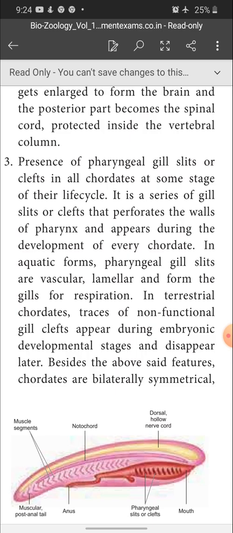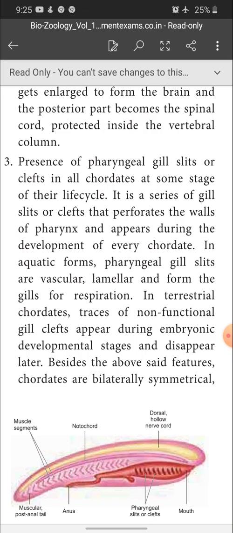They persist throughout life, supplied with blood capillaries. In terrestrial chordates, traces of non-functional gill slits appear during the embryonic stage and disappear later, in the adult stage.